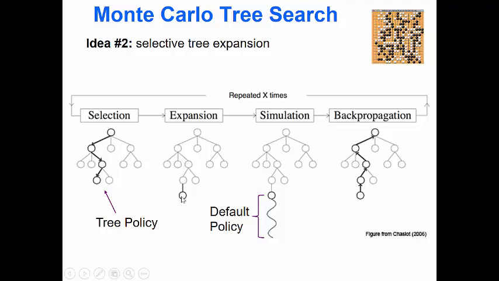And then from that new state you end up in, you run the default policy, which the traditional default policy is just a random policy, the random rollout. And that's what this is showing. And that gives you some valuation, a value estimate of this state. And then you will back propagate that information through the path that you took down to this leaf.